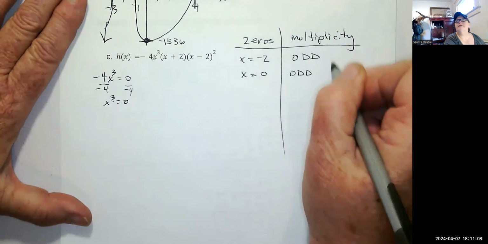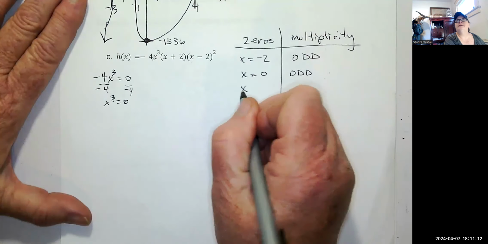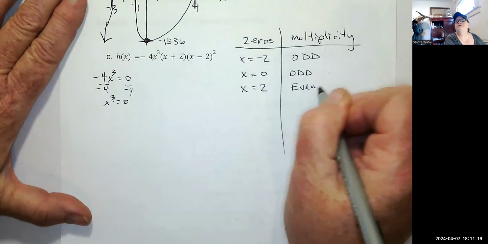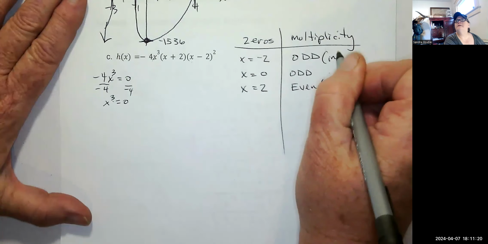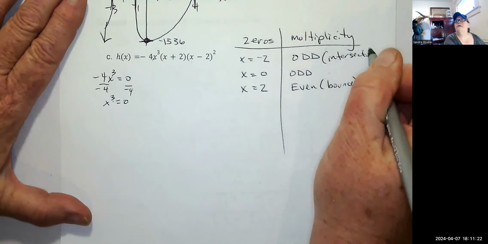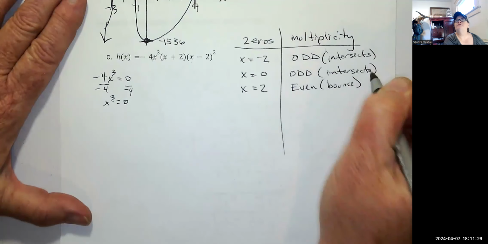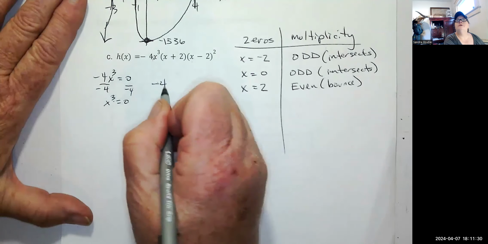So these are intersects because they're odd. And the last one is x minus 2, so that's x equals 2, and that's even. So that's a bounce. Intersects and intersects. But next thing we need to do is find the leading term for this. We've got -4x cubed.